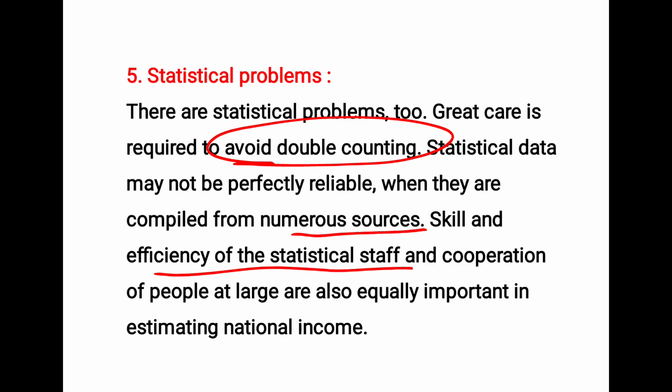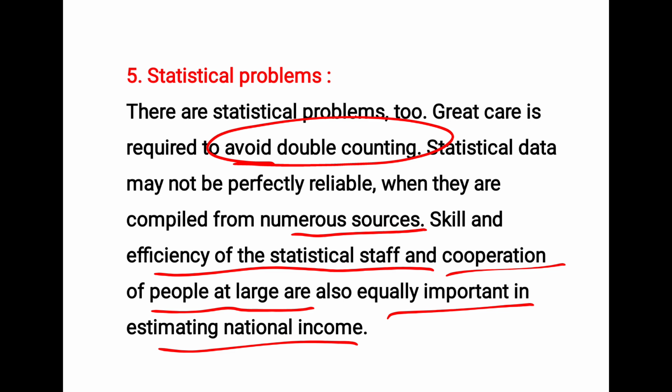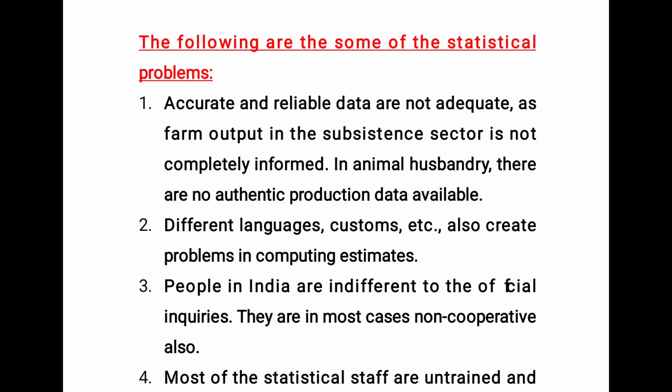The skill and efficiency of the statistical staff and the cooperation of the people at large are equally important to estimate the national income. Because we are large in population and every person is talented, everything cannot be taken into consideration. Only things having numerical value are taken into consideration for calculating statistical data.